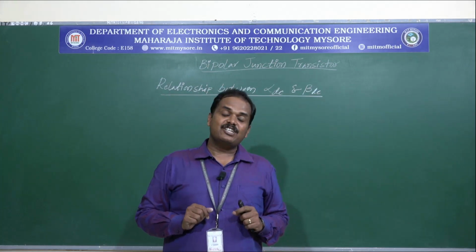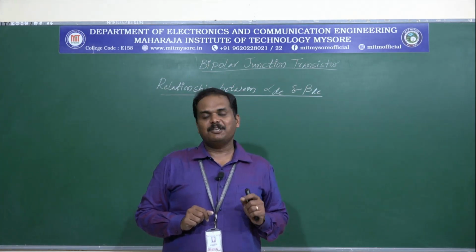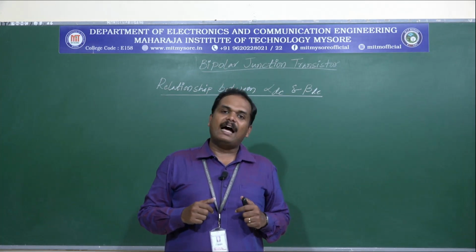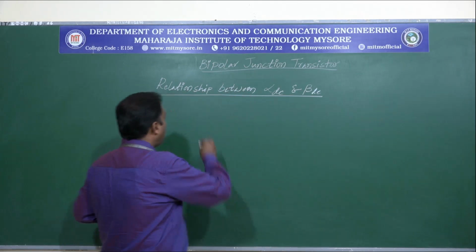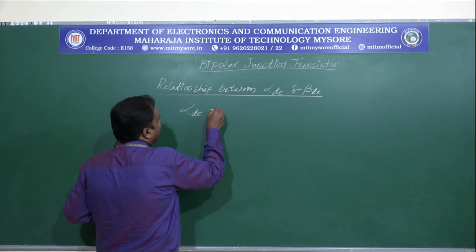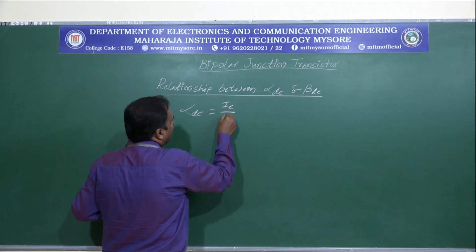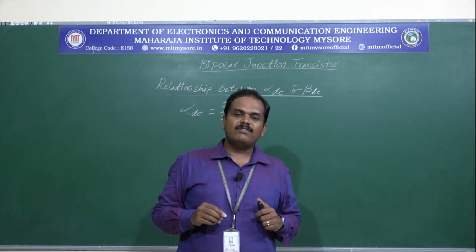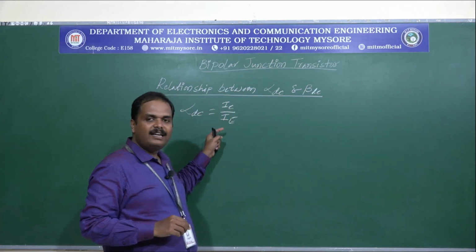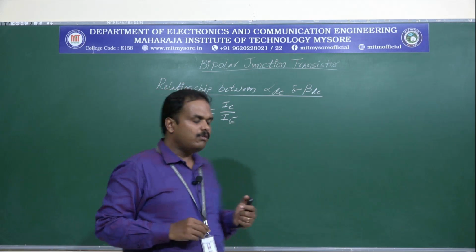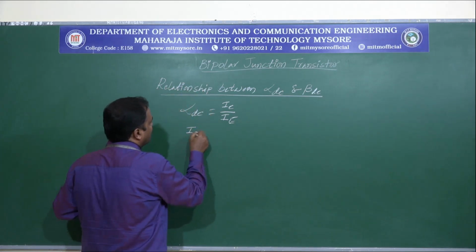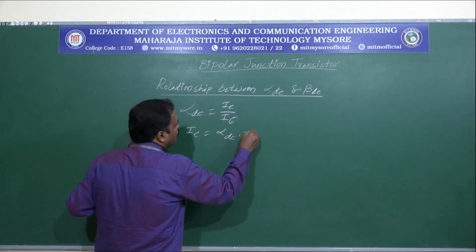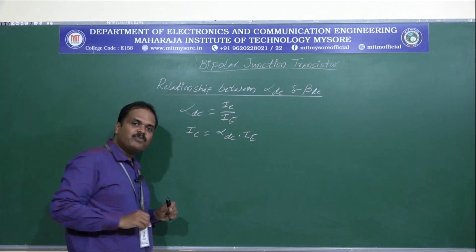Now let us understand the relationship between alpha DC and beta DC. We have just defined alpha DC and beta DC. So alpha DC can be written as IC by IE, the ratio of collector current to the emitter current. So IC can be written as alpha DC into IE.